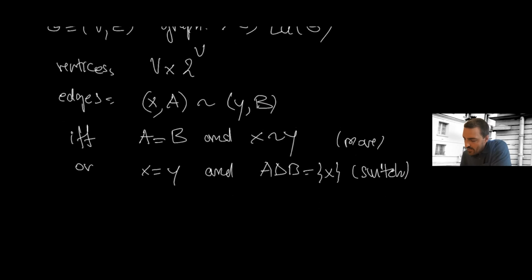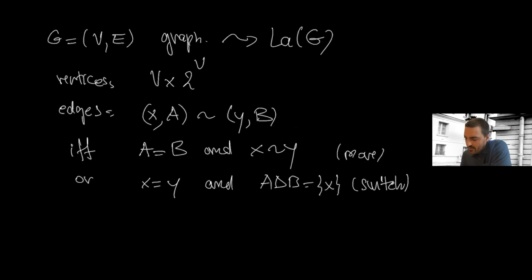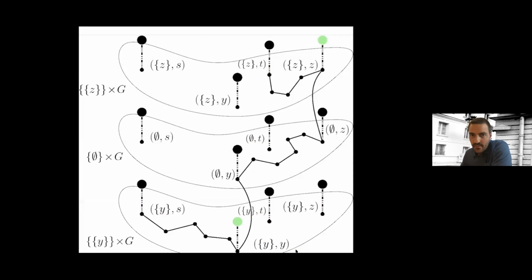So now, what is the graph metric here? Well, you just take the length of the shortest path on this new graph, but it has an exact formula. Let me try to explain this using a picture.